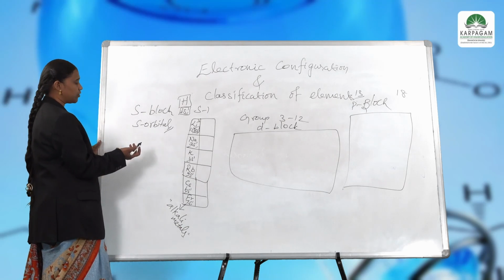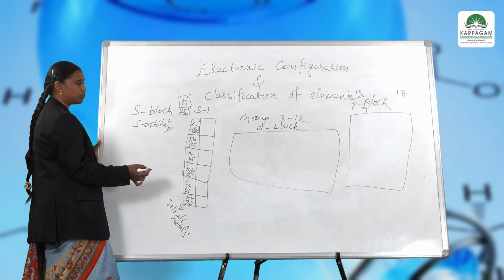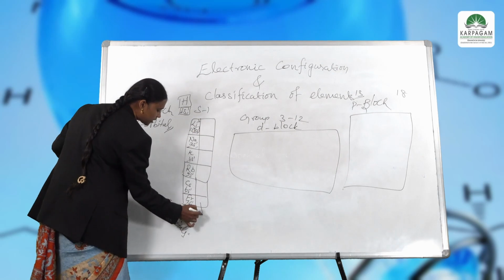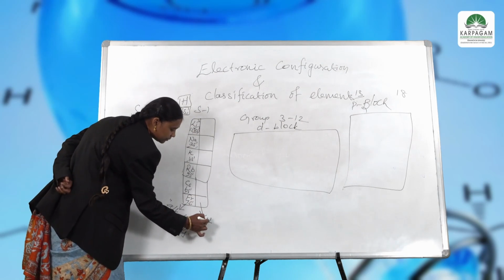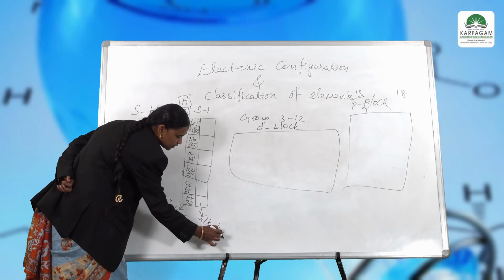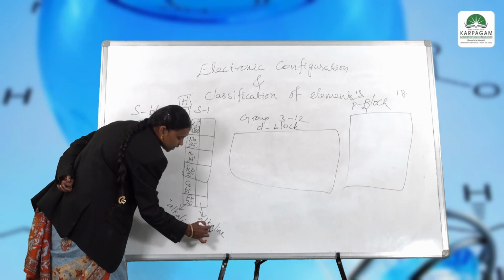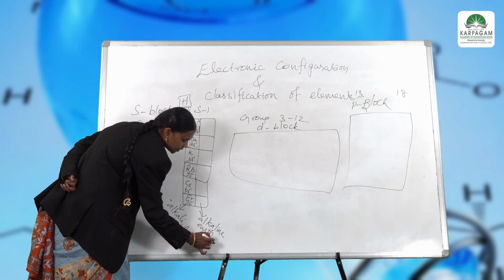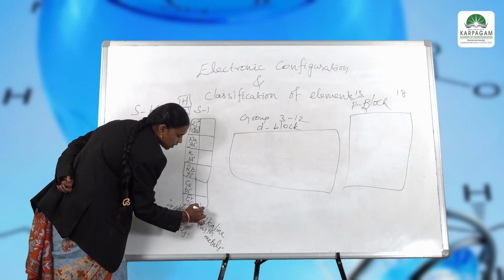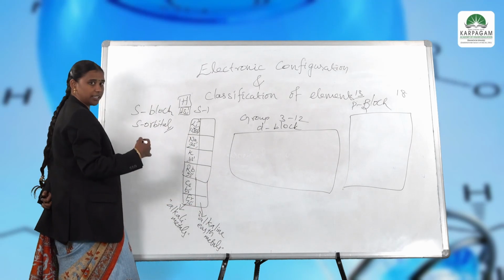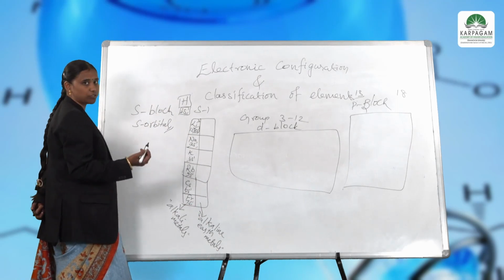In the same S block, another group is called alkaline earth metals. Why are they called alkaline earth metals? Because they are mostly abundant in the earth's crust in oxide form.